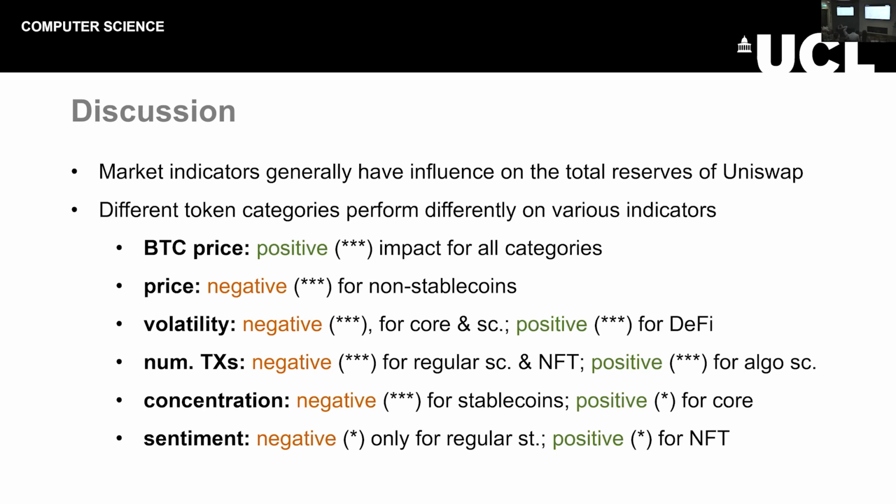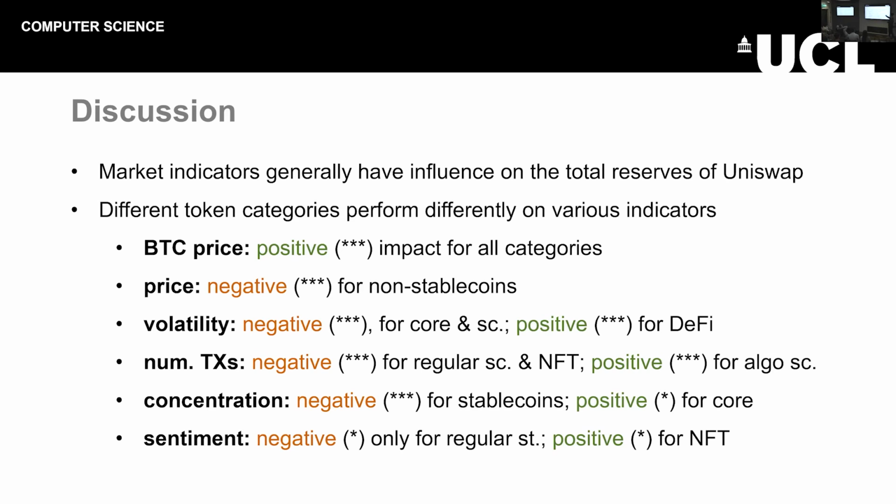For your reference, the stable coins keep their volatility within 5%, and the non-stable ones may be over 100%, but generally 60%. Also, you can see volatility, the number of transactions, concentration and sentiment generally show a negative impact on the total reserves, but limited to some categories.